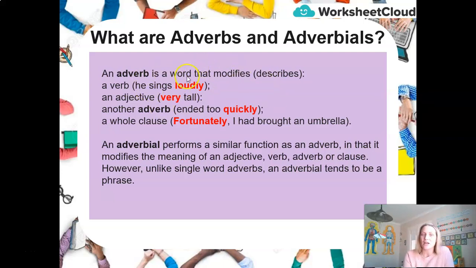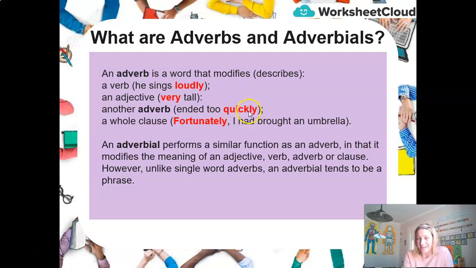So here, the adverb loudly is describing how he sings, and sings is a verb. Very is the adverb explaining to me how tall someone was, and obviously tall is an adjective. Here, there are actually two adverbs, to and quickly.